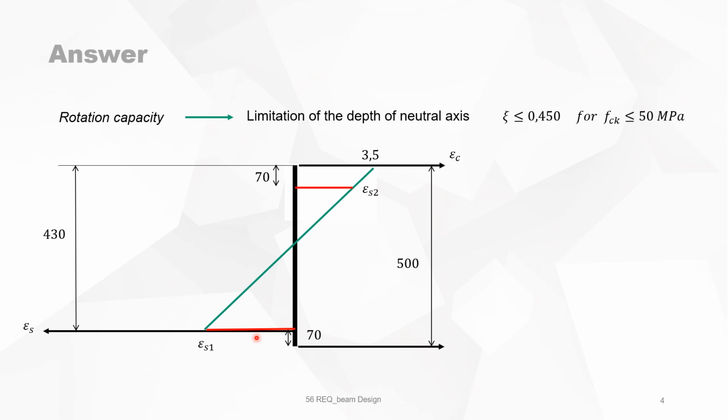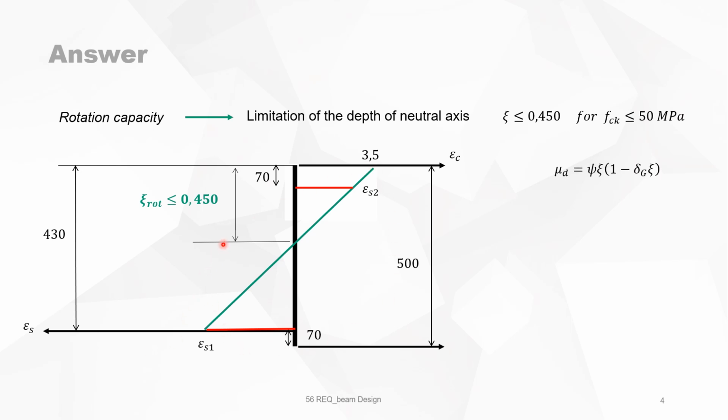This is the strain in the tension reinforcement. It's somewhere between 0 and 10 per mil. And we know, because of the limitation of depth of neutral axis, that x over d must be smaller than 0.45. So this is the strain diagram with the knowns and unknowns indicated.